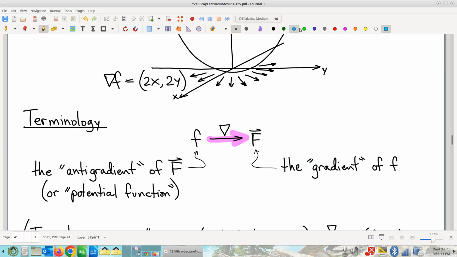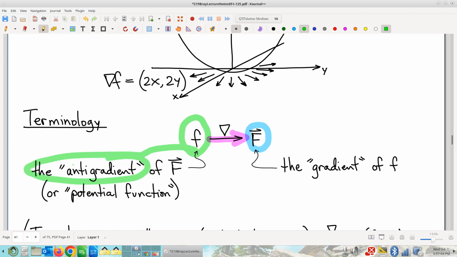Given a vector field, if I were to ask, I want to go the other way. I'm not going to start with a function and take the gradient. I'm going to start with a vector field and ask, what is the function whose gradient is that vector field? Going that other way, I propose it should be called the anti-gradient.